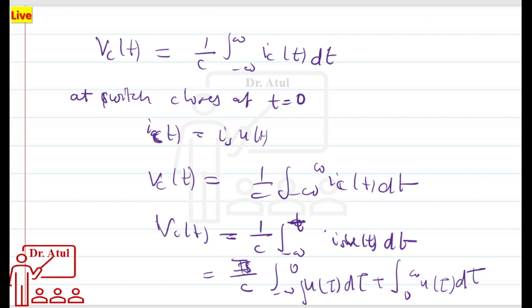Okay, now you can say that minus infinity to 0 is 0, and from 0 to infinity we can calculate that.